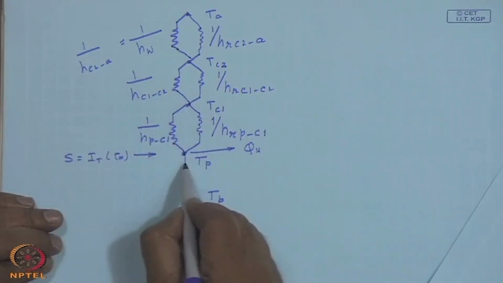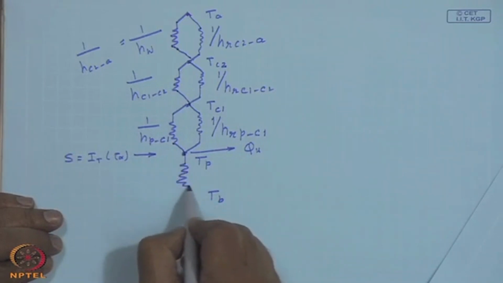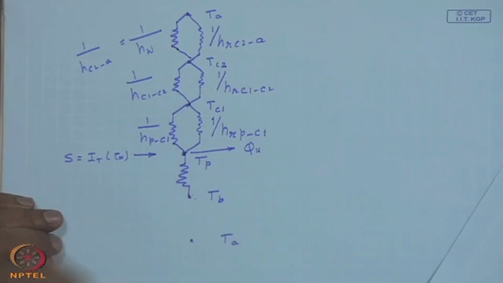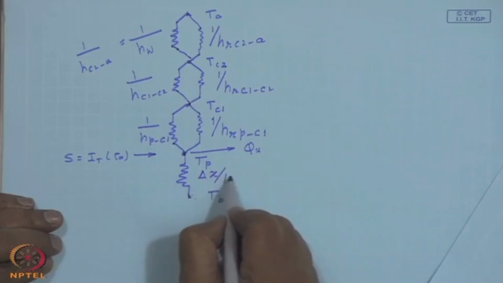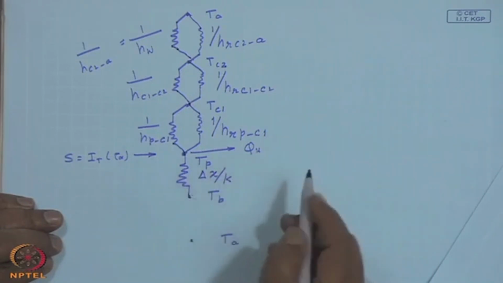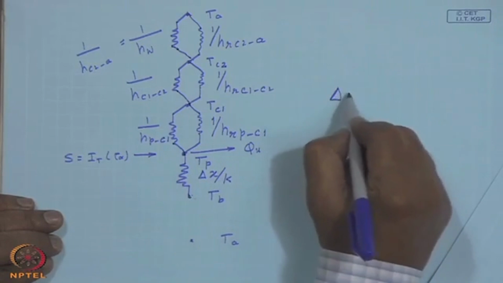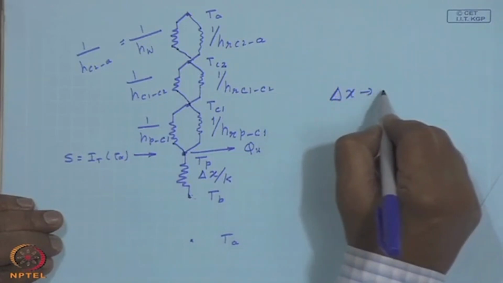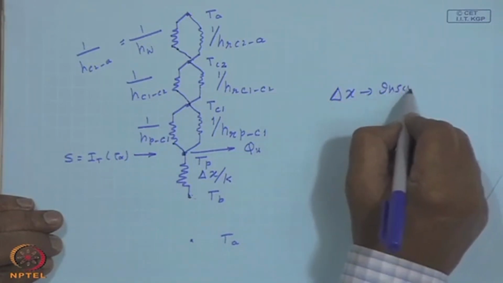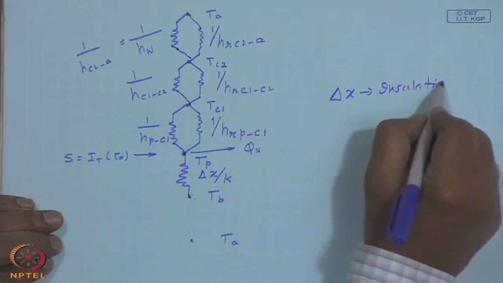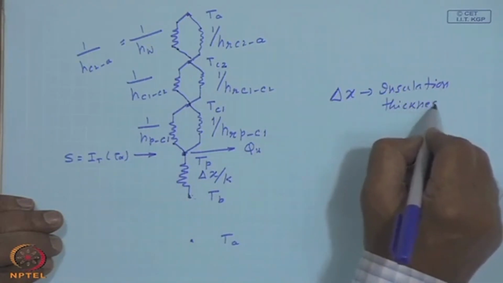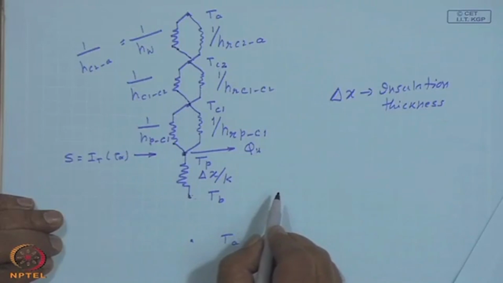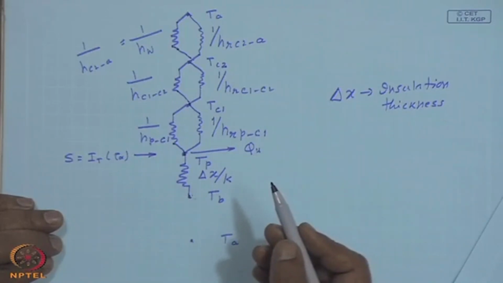At the bottom, there will be simply a conduction given by a resistance of delta x upon k, if delta x is the insulation thickness. Do not be confused with the x direction, it has nothing to do with it, it could have been L by k.